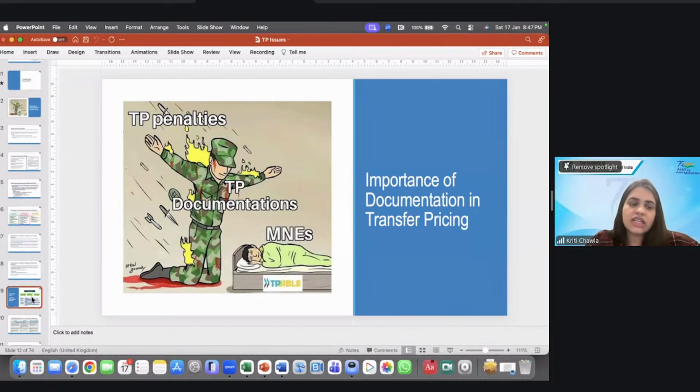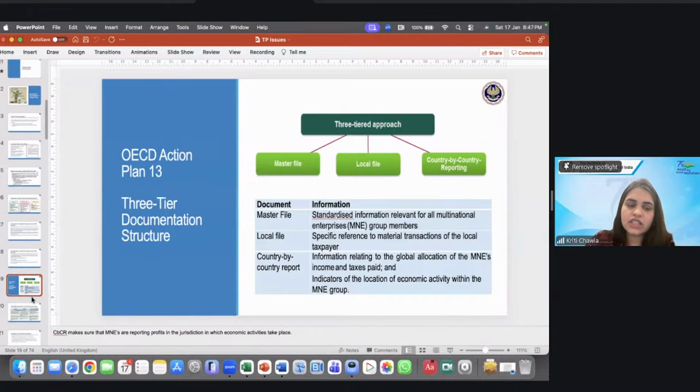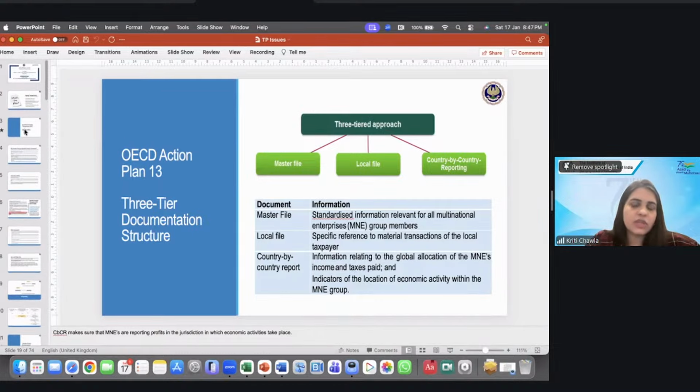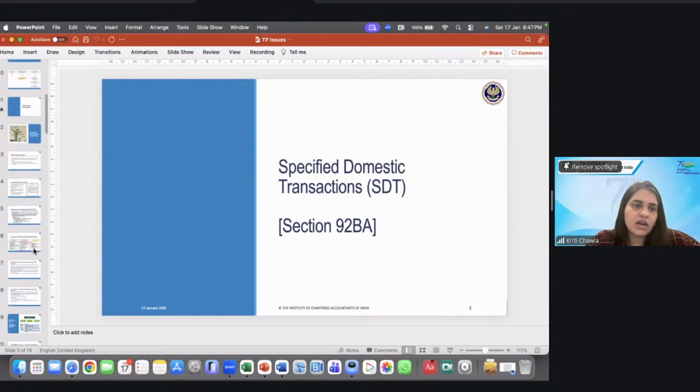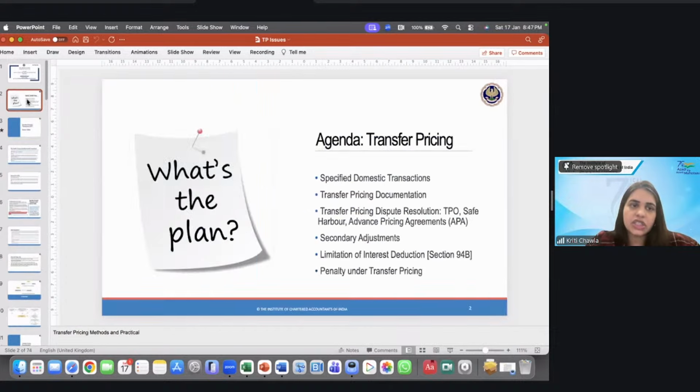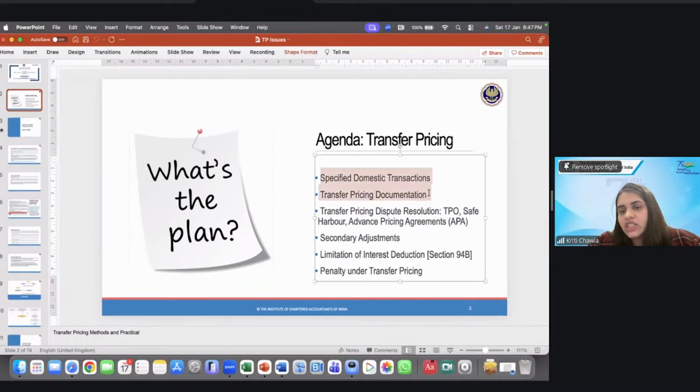In the next lecture, I'd like to start with the international documentation. I'd like to start with specified domestic transactions and then go forward with the documentation structure, safe harbor rules, and what the dispute resolution mechanism looks like in India.